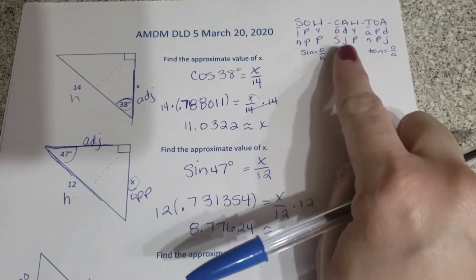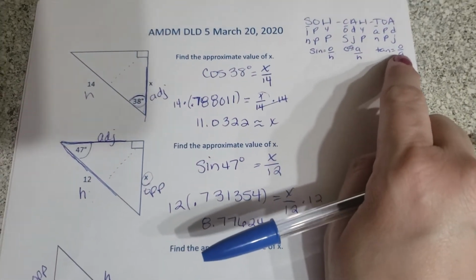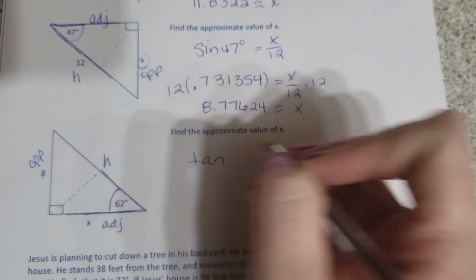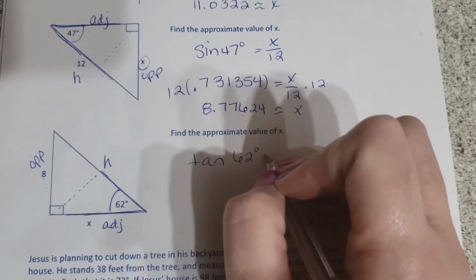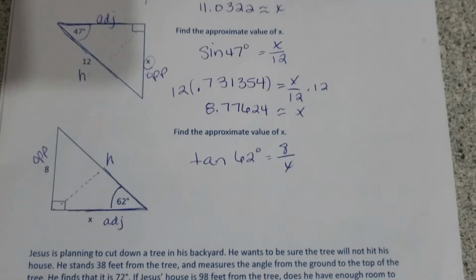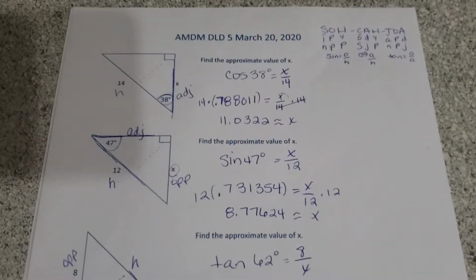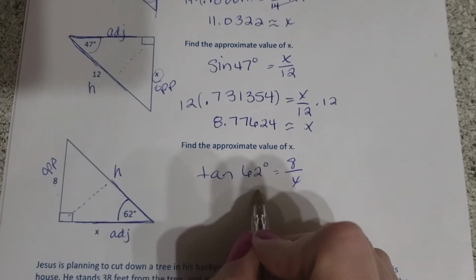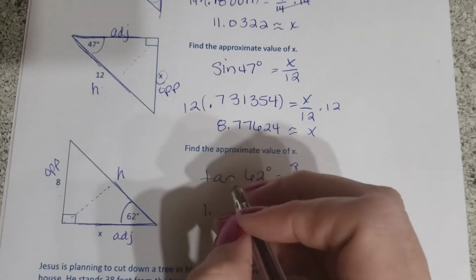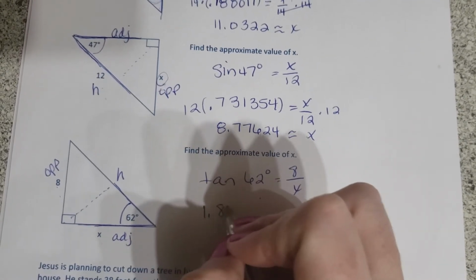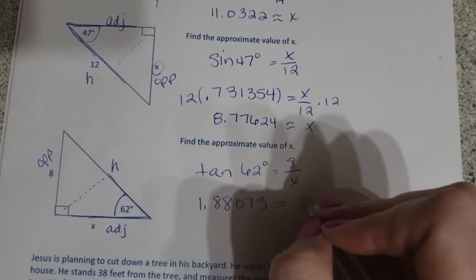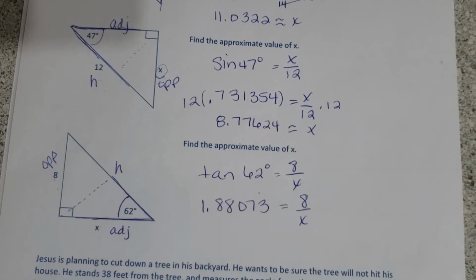Well, if I go back up here and I look at my trig functions, tangent involves opposite and adjacent. So I'm going to do tangent 62 degrees equals 8 divided by x. Oh, this is a little different too because the x is in the denominator this time. So I'm going to go ahead and evaluate my tangent 62, and I get 1.88073 equals 8 over x.